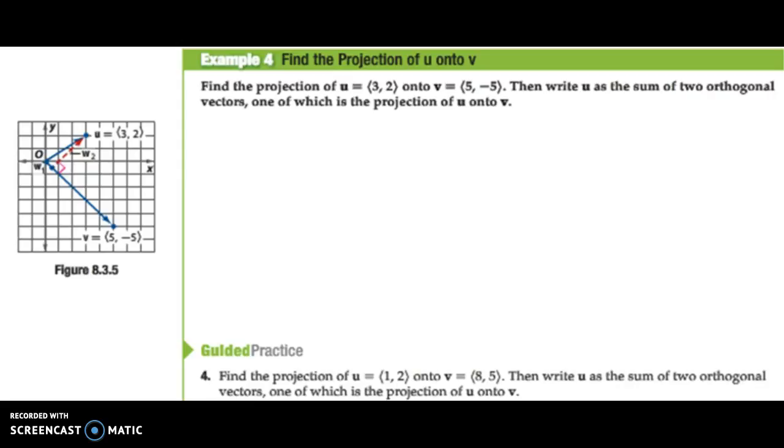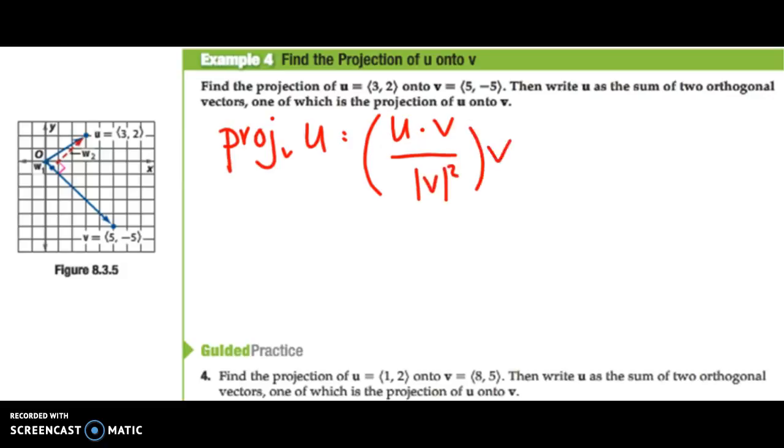So we look at that equation that we just had, the projection equation. It was written like this: the dot product of u and v over the magnitude of v squared, times my vector v.